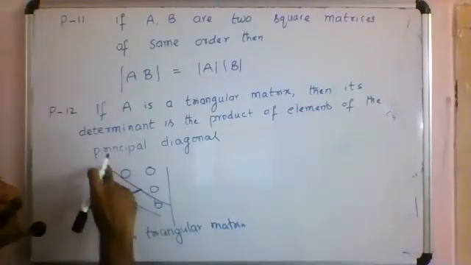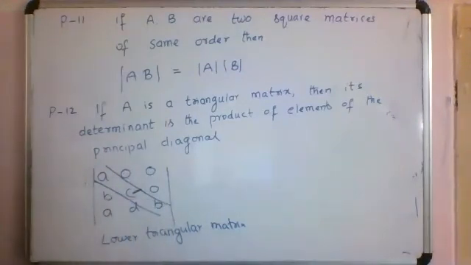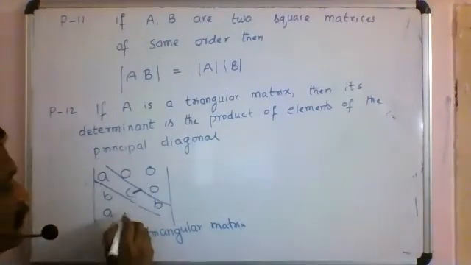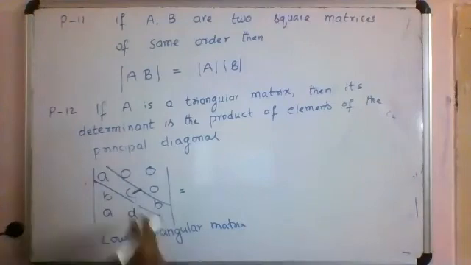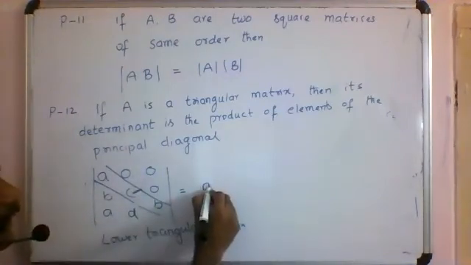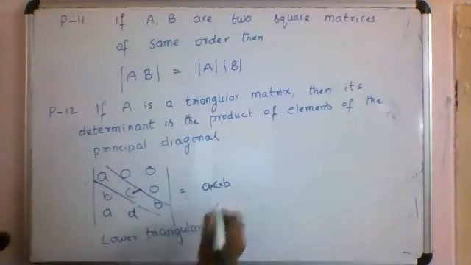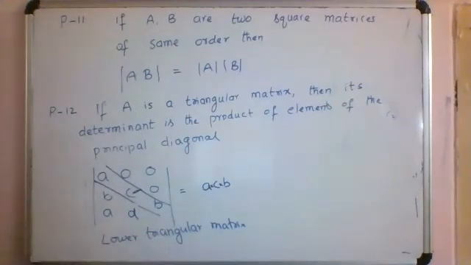If all the elements below the principal diagonal are zeros, then it is an upper triangular matrix. We already discussed these things, right? And its value after expanding along any row or column, you will observe that the answer is A into C into B. That answer you can observe.